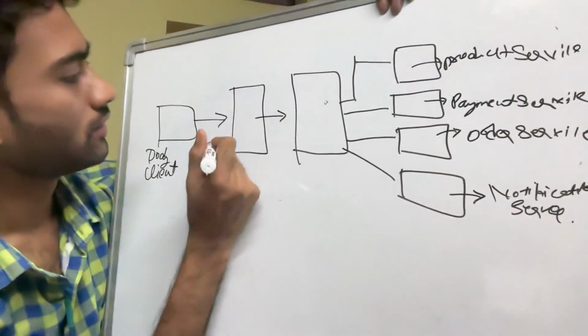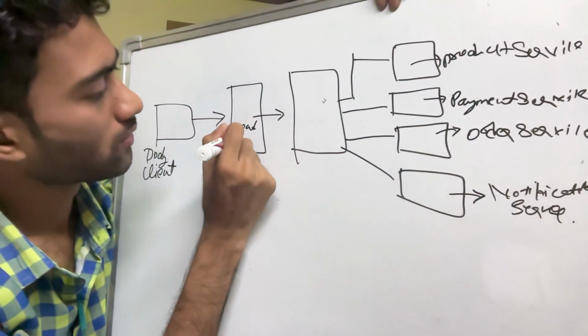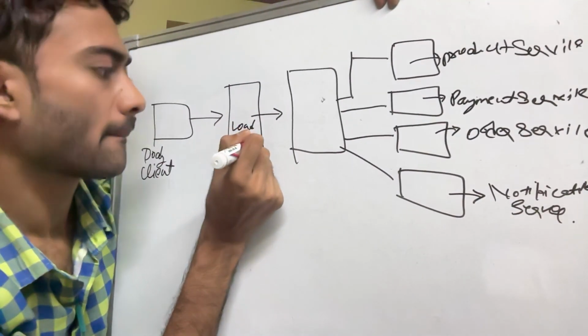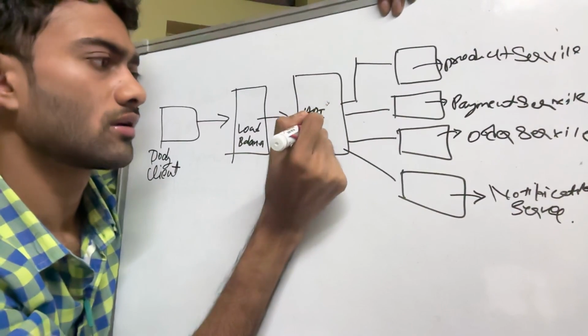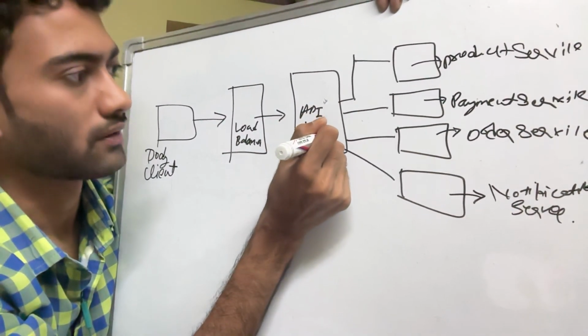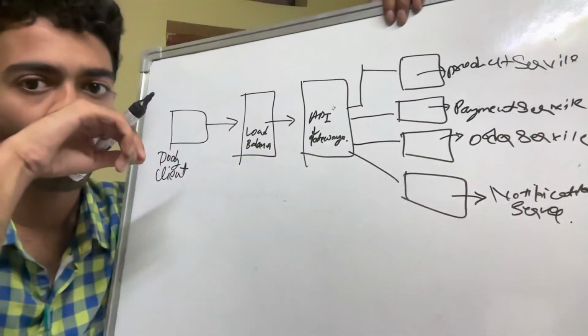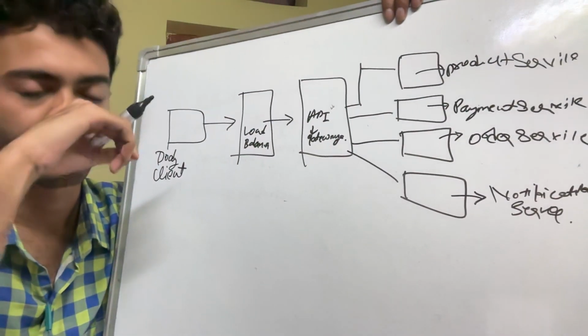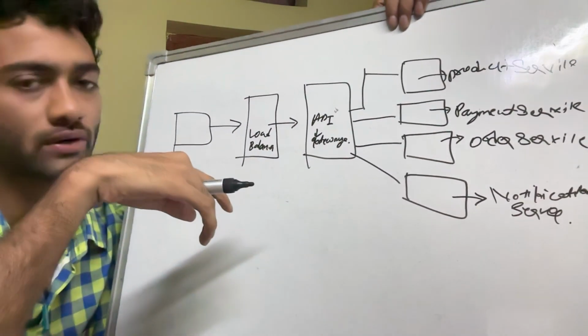And this is the load balancer, and this is the API gateway. Okay. So what is the difference?